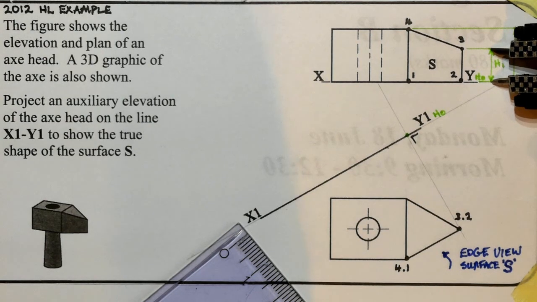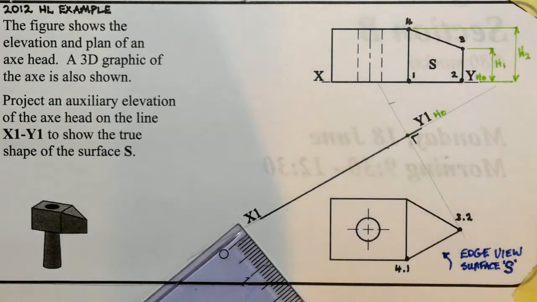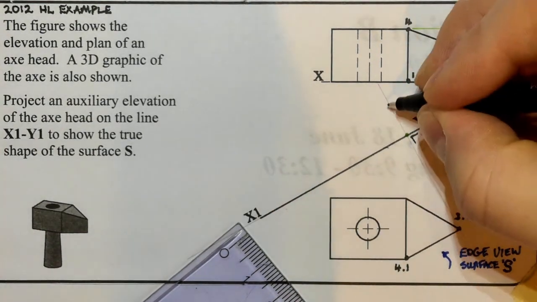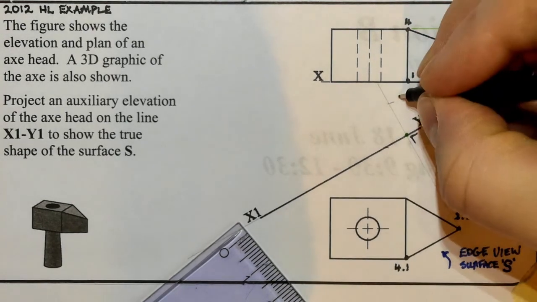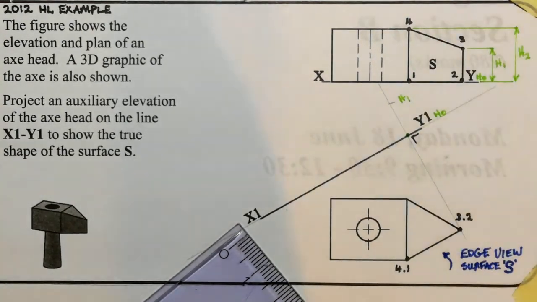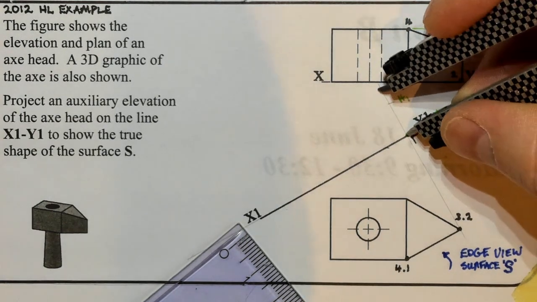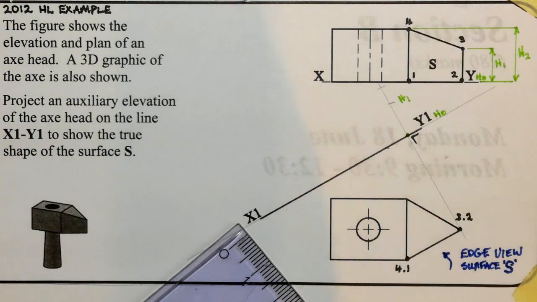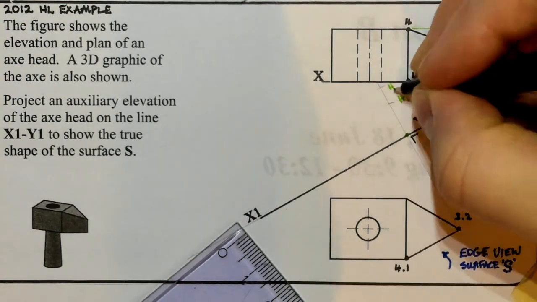I'm going to take H1, I'm going to mark that out there. Now that's coincidentally going to be, this will be point 2 and that will be point 3. But I want to mark out these lines first. So I'm going to take H2 here now on the compass, like so, and mark it up on the same line. So that first projection line, I'm actually using as a construction line as well.